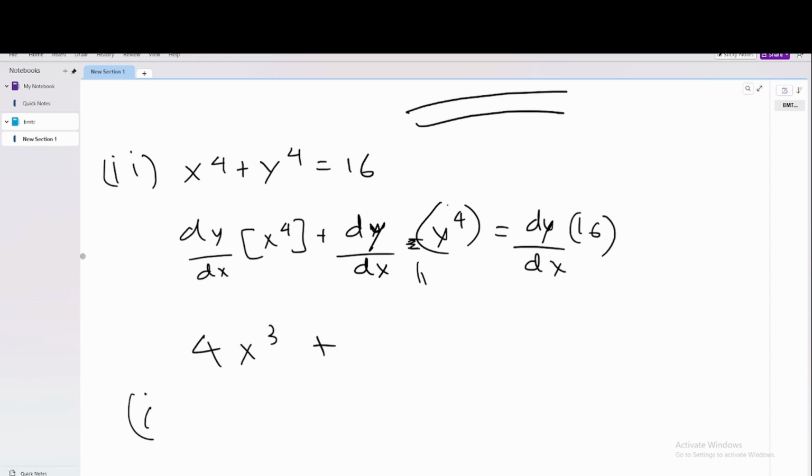We can use chain rule and power rule here and write this term as 4y cube into dy by dx is equal to 0. Derivative of a constant 16 is 0.